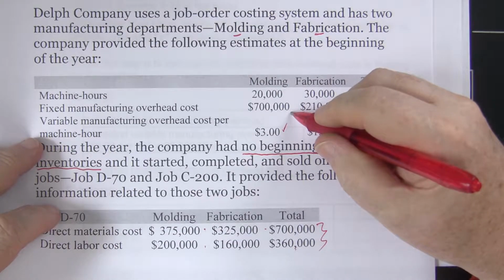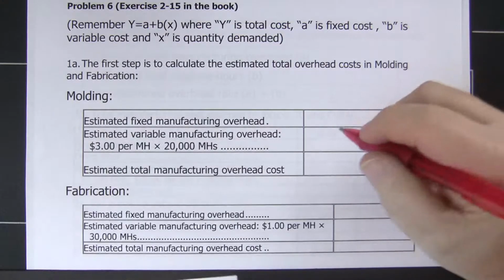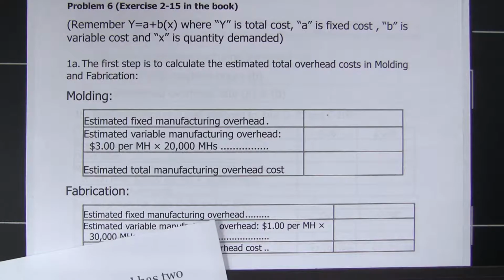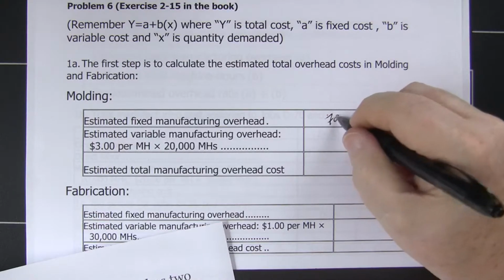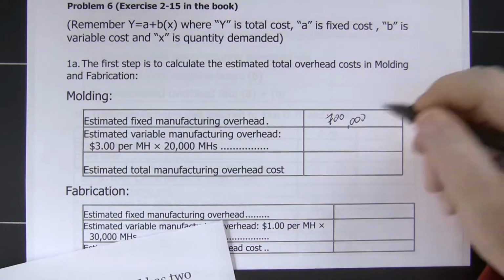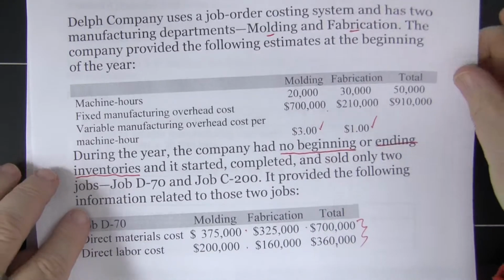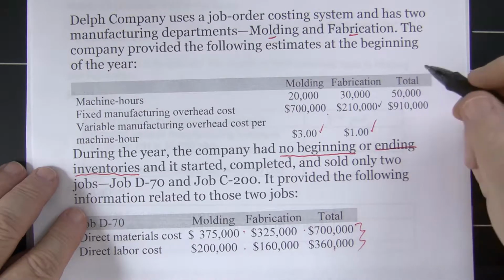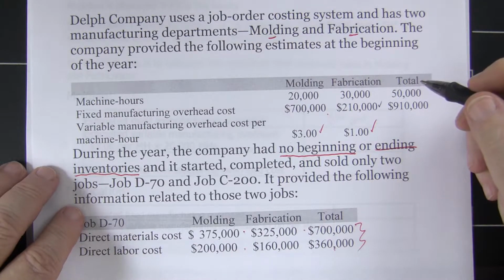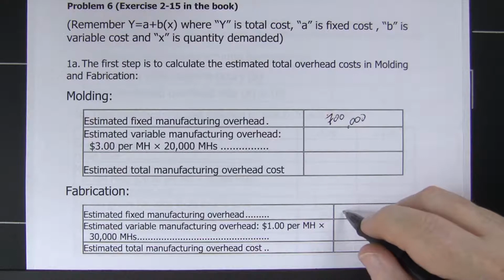The fixed manufacturing overhead was $700,000. And while we're at it, the fixed manufacturing overhead for the fabrication department was $210,000.